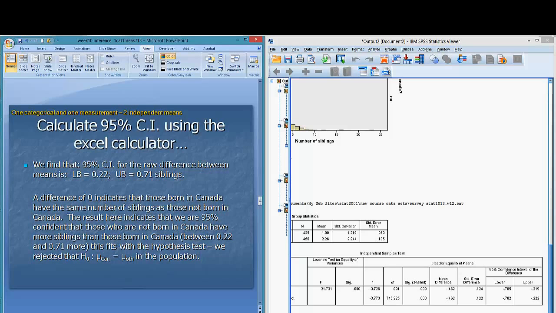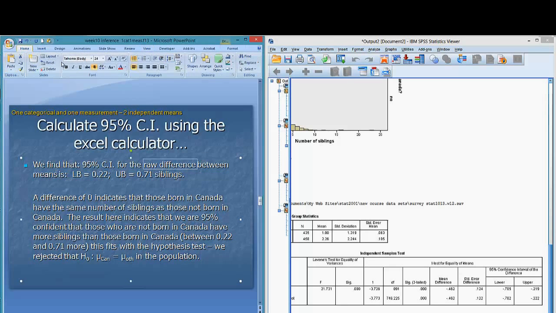Now the Excel calculator is going to allow us to calculate the 95% confidence interval for the difference. So here, the raw difference. This is very important. That is what we're going to be calculating the confidence interval for.